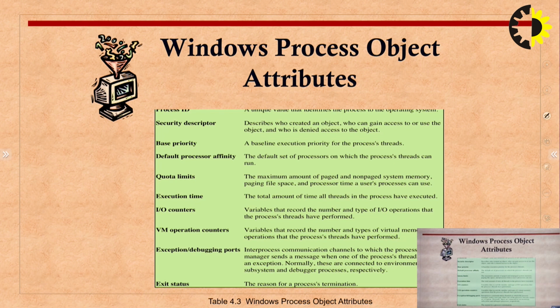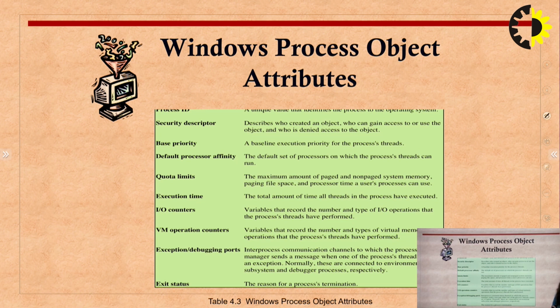Now, exception debugging ports. These are inter-process communication channels to which the process manager sends a message when one of the process's threads causes an exception. Normally, these are connected to the environment subsystem and debugger process respectively.